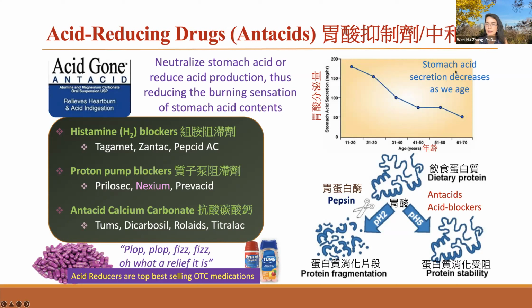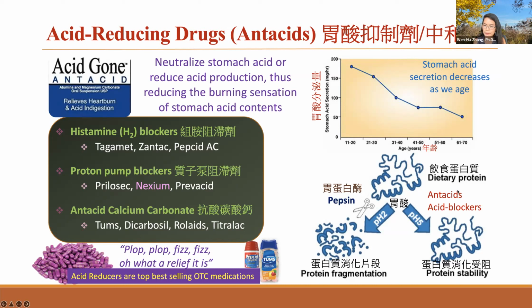But actually, as we age, the secretion of stomach acid decreases. We need stomach acid to help break down food protein. In a low pH with high acid, the pepsin is activated to break down food protein into fragments.